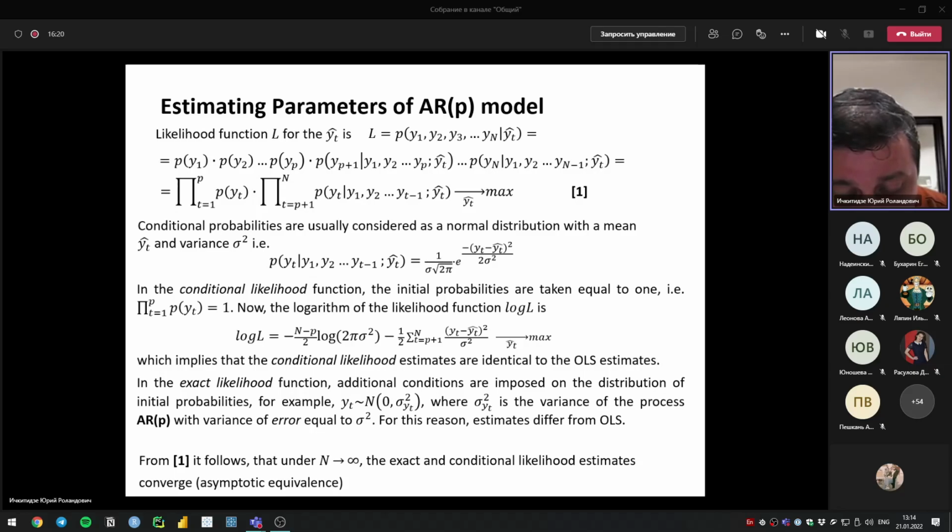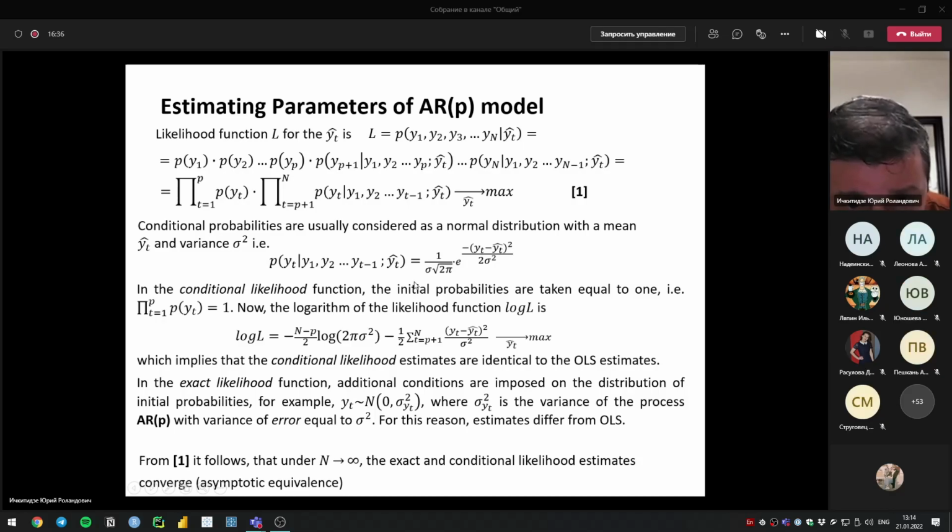This means that the logarithm of the likelihood function turns into such a value: (n minus p) divided by 2 times the result of summation, the sum of all probabilities here.